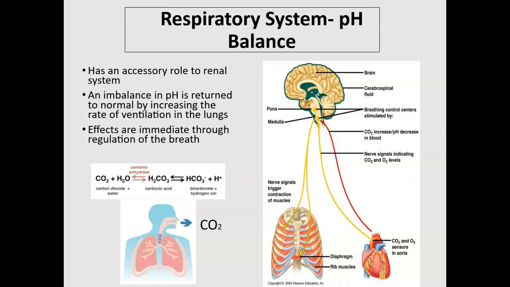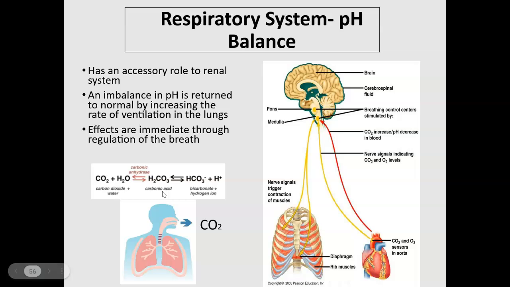If you think about it and remember the equation here on the slide, it is clear that there is a relationship between CO2 and the formation of hydrogen ions. Please remember that carbonic acid is here too. That is an acid. Well, what does this all mean?